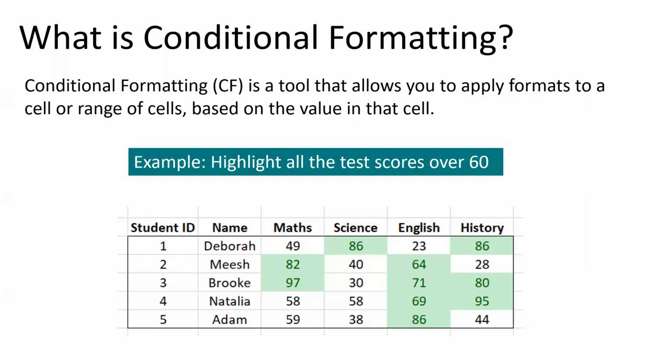And this is a very simple piece of conditional formatting. And we're going to start with this type of thing, and then we're going to build on that and move up to some of the more complex tasks and also some things that you might not have seen before. But that's kind of the basis. It allows you to extract data and really emphasize what it is that you're looking for, making things easy to see and making your data a lot easier to analyze.